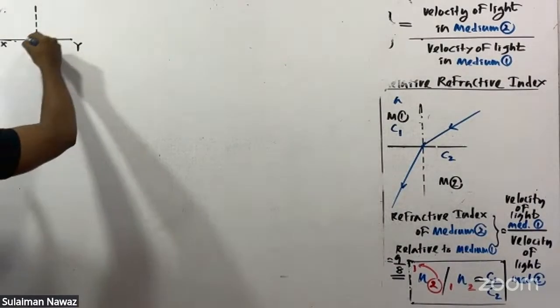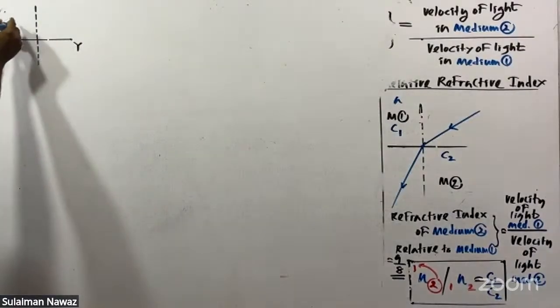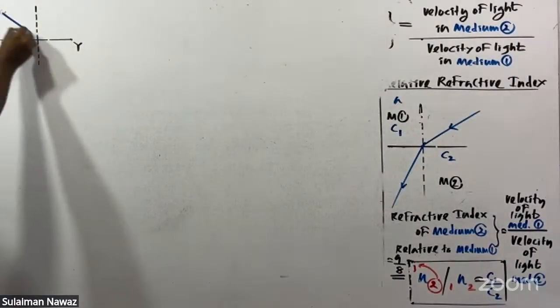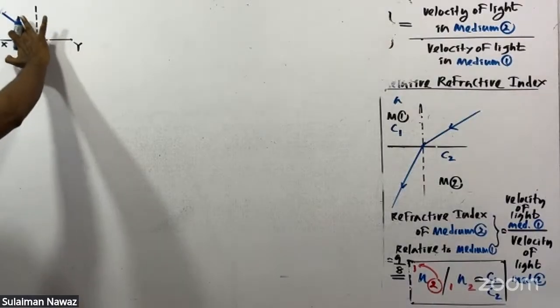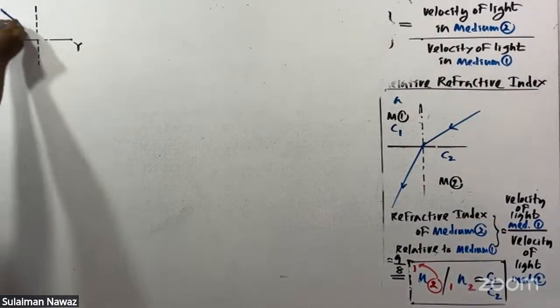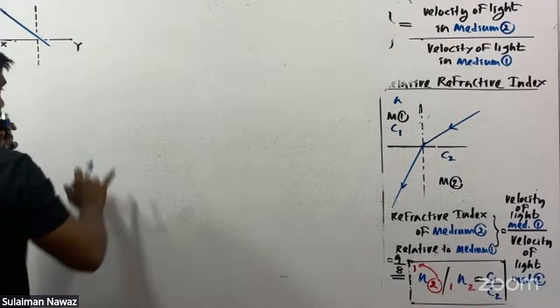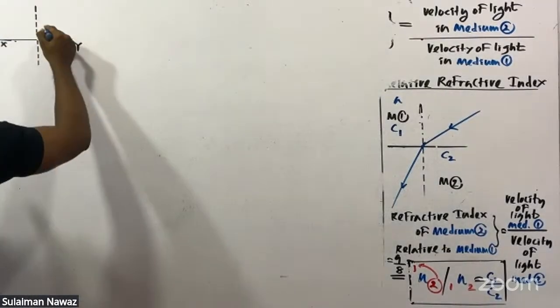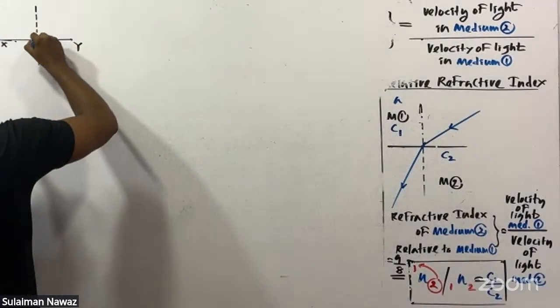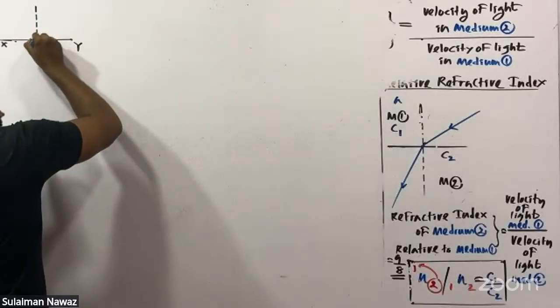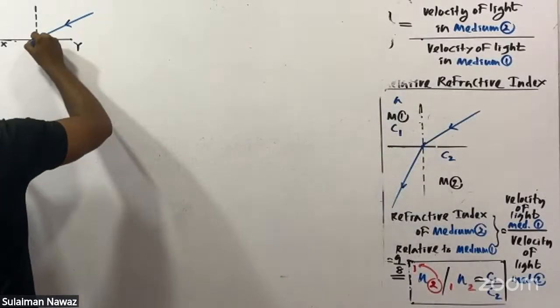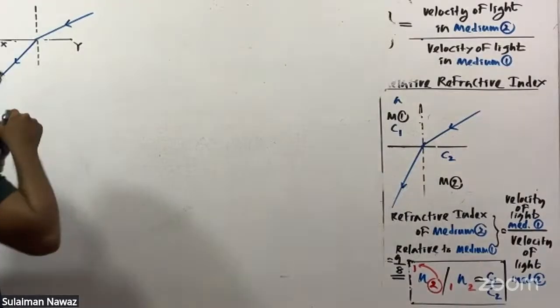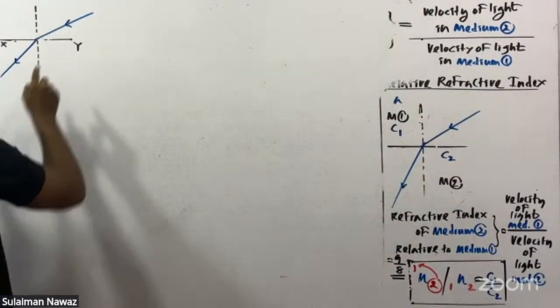This is my incident ray. You can draw it whichever way you prefer. This is my reference ray. Then this is my medium one.